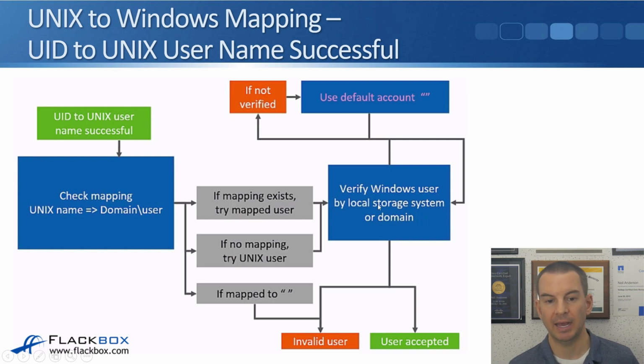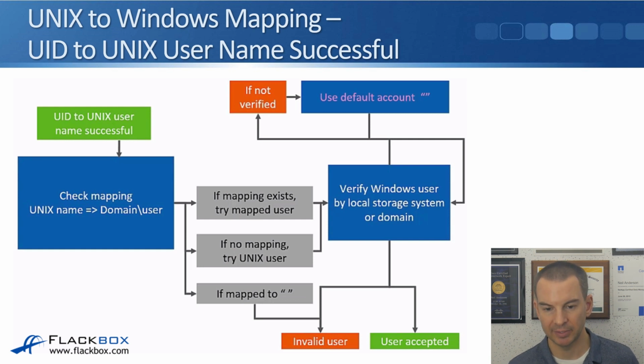Next thing that will happen after this stage here, if they're not verified as a valid Windows user, so it's not a valid Windows username, then if one is configured, you can use the default account. So you can say, for when this happens and we're not able to verify that Windows user, you can map all of those users to a default Unix account.